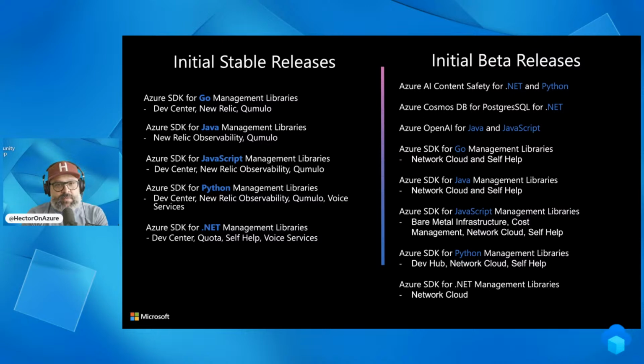But we also have initial beta releases, and we have a lot of AI content for .NET and Python, for Java and JavaScript, and Azure SDK for Go management libraries like Network, Cloud, and Self-Help and stuff like that. I'll leave the slide at the end so you can take a quick look at that one.